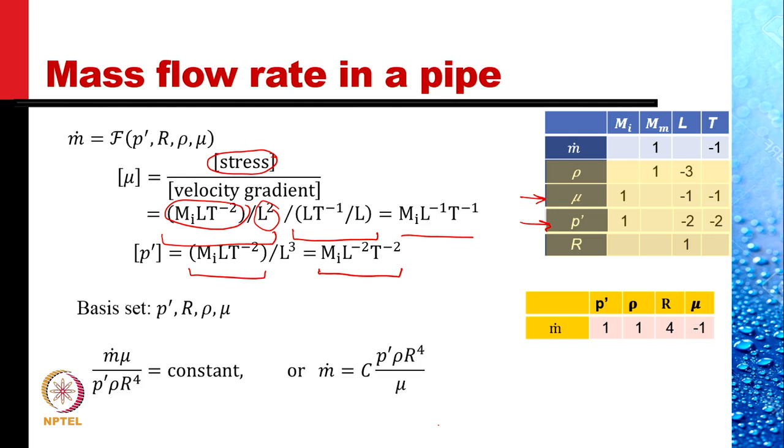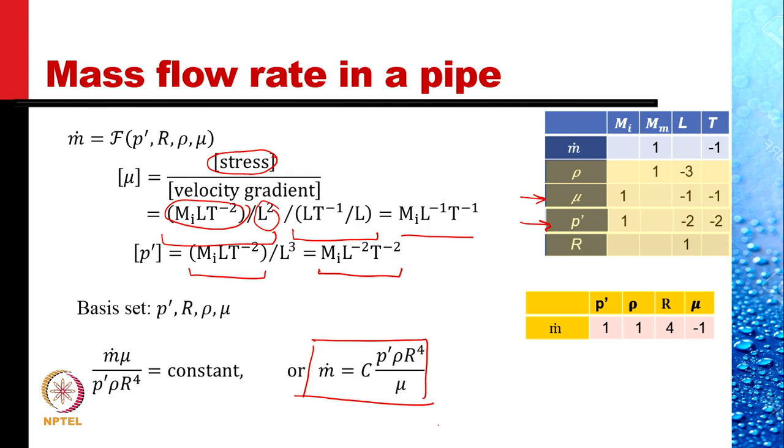And this should be invariant between the model and the prototype. So we can write m dot as c times p prime rho r raised to power 4 divided by mu.